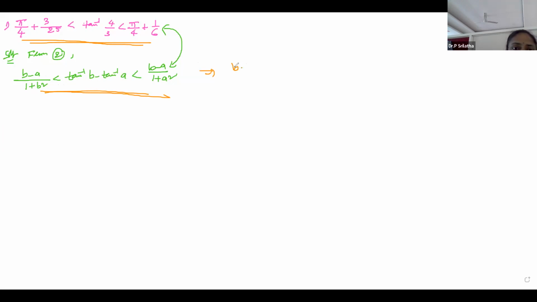Then this will be tan inverse A plus B minus A by 1 plus B square is less than tan inverse B is less than B minus A divided by 1 plus A square plus tan inverse A. Which will be in this form. In the middle, in between we are having tan inverse B. So then compare this statement with this statement. What is the statement of this?